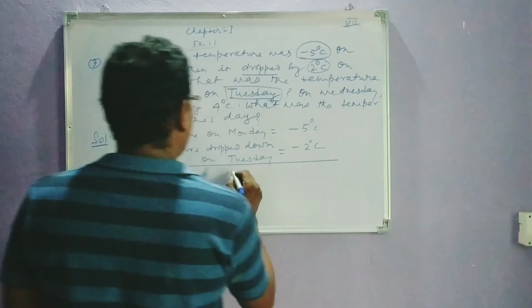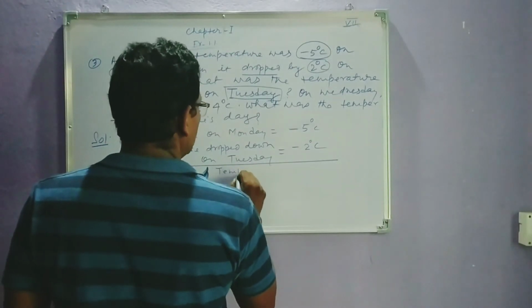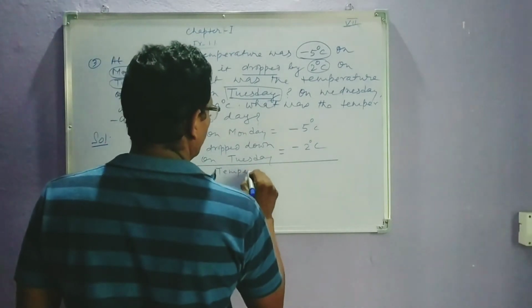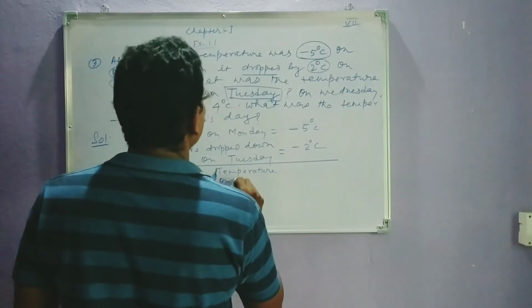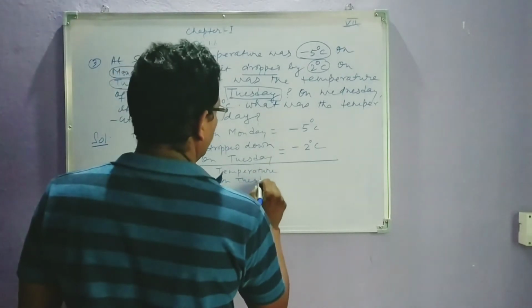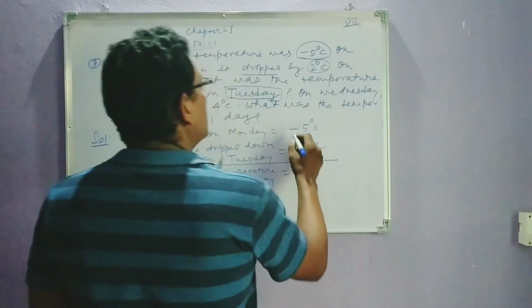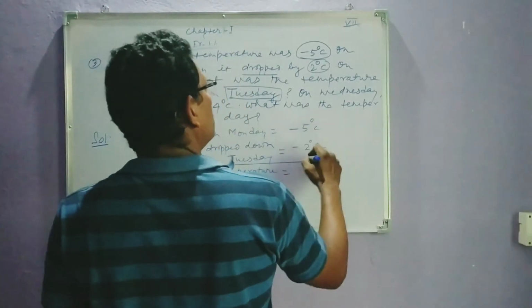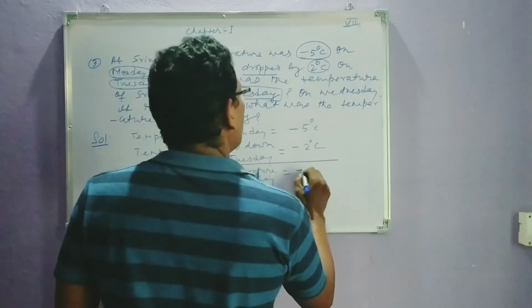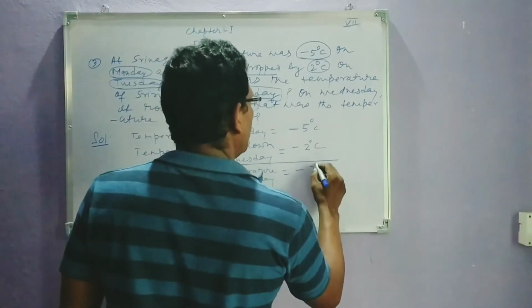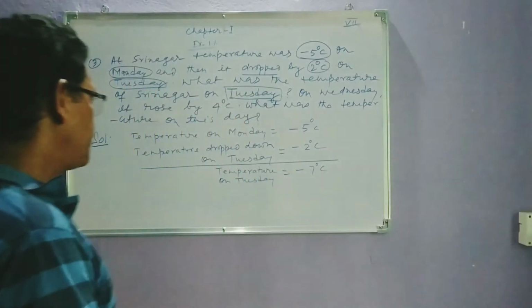So the temperature on Tuesday, both are negative numbers. So when we add two negatives, minus 5 plus 2, it is minus 7 degrees Celsius.